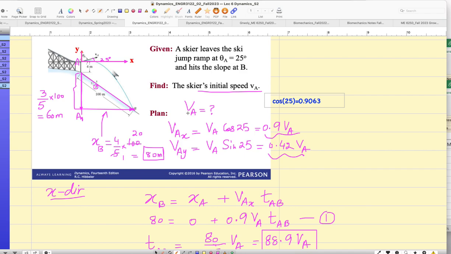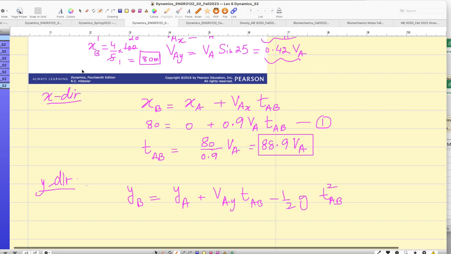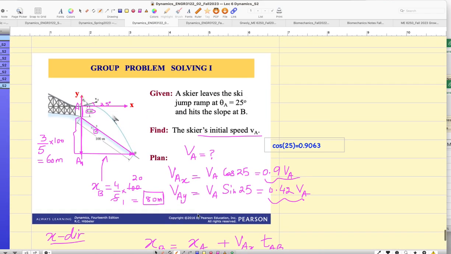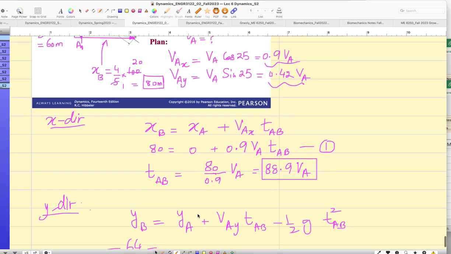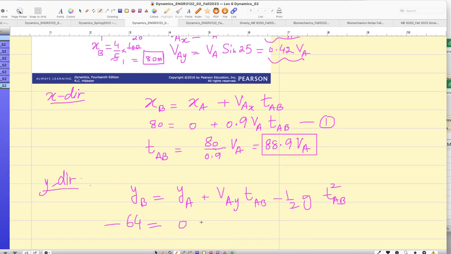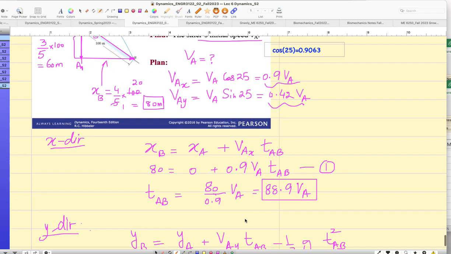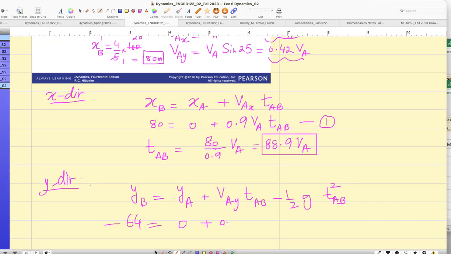You have to add the 4 meters of the height of the pole. Maybe it's a pole. So 4 plus 60 gives you negative 64, correct? And what is YA at the origin? 0, correct. What is VAY? You already wrote it down: 0.42 VA.